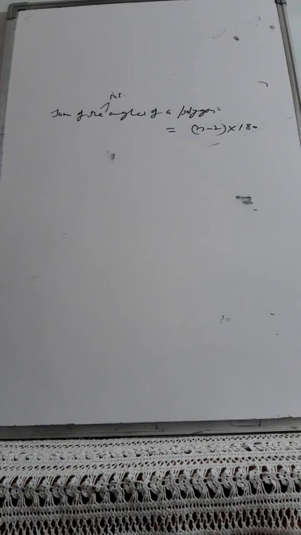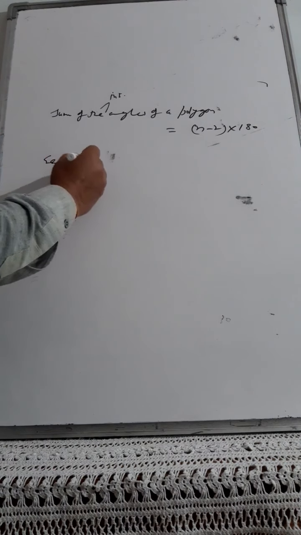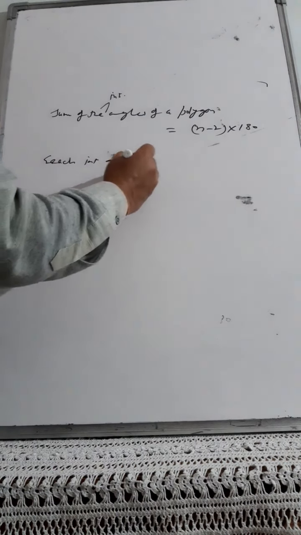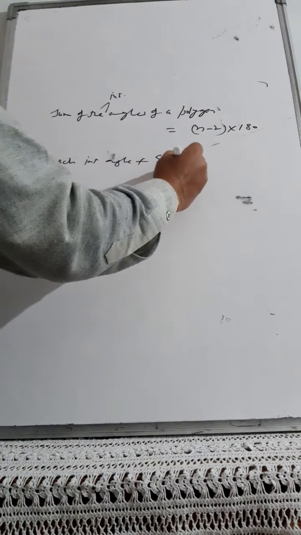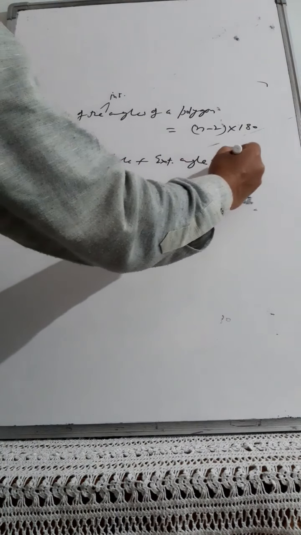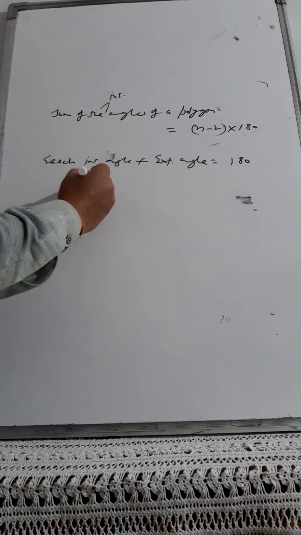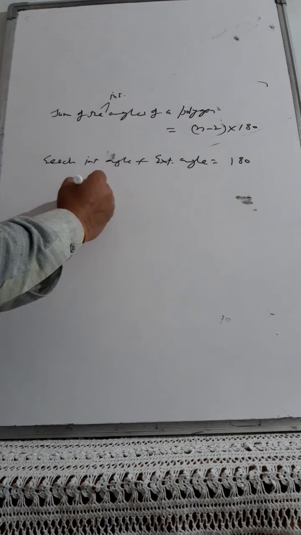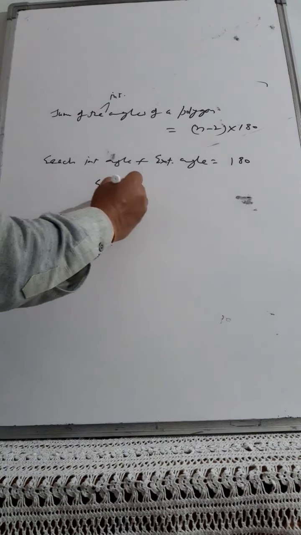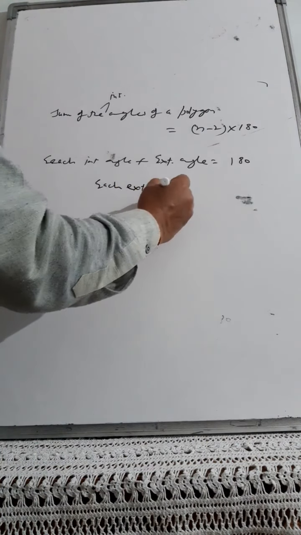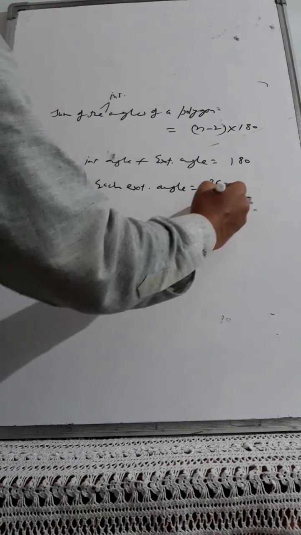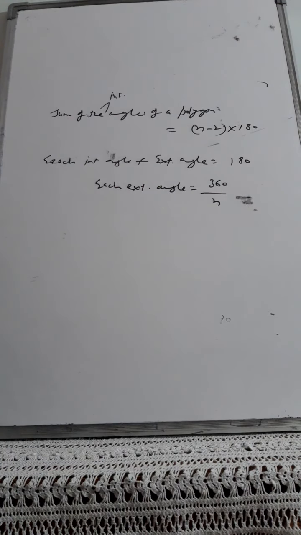I know each interior angle plus exterior angle always sums to 180 degrees. So I want to determine this. Each exterior angle, I said, is equal to 360 upon n.